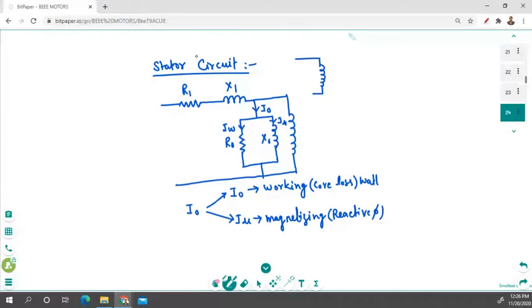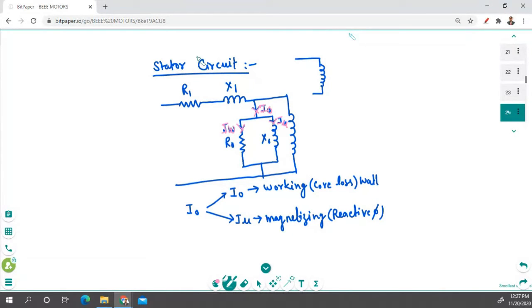Let's suppose some current I0 is flowing here, and in the winding side there is some current, which we represent as I mu. Some current also flows across the resistance of the winding, which we represent as IW.